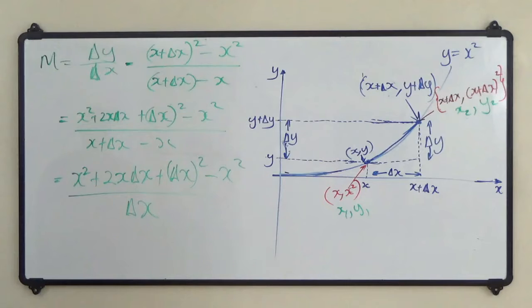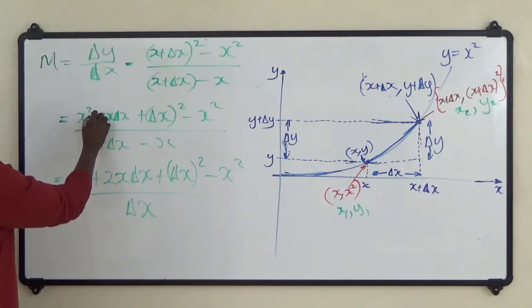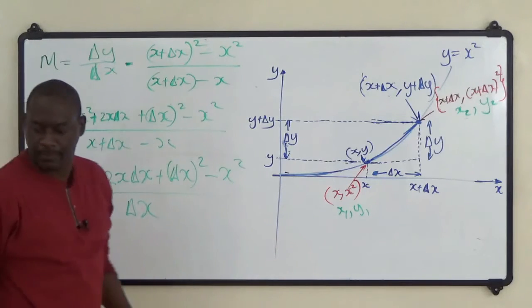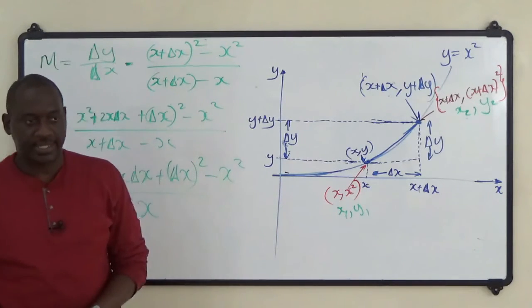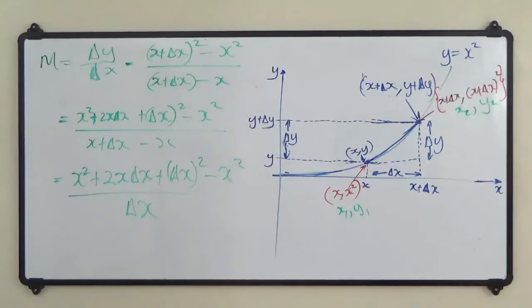Hold on. Something missing in the book in here. Alright, so hold on. Let me just double check this thing in the working. Yes, I have my books here, you know. Alright, no shame in the game. x plus delta x.